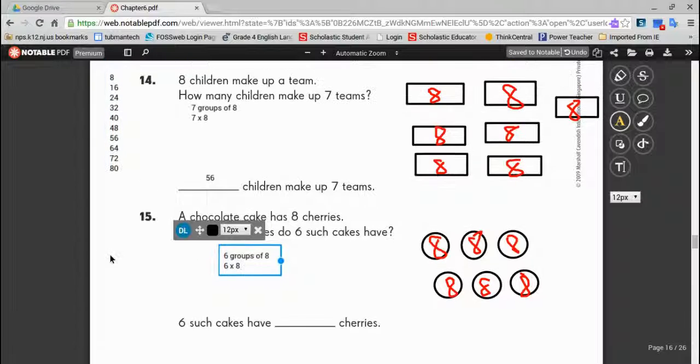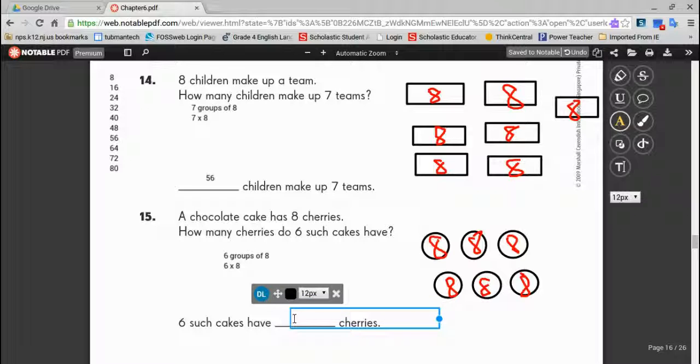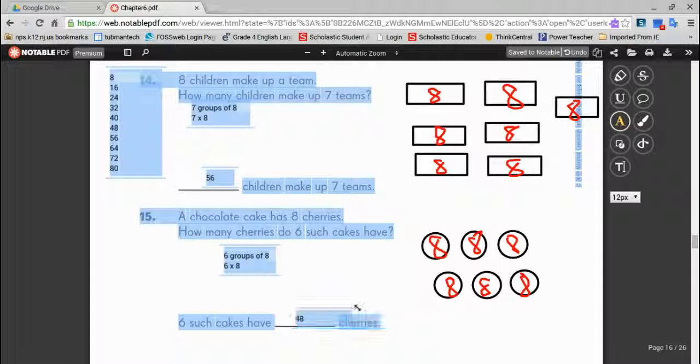Alright, and I have my 8 multiples right over here, so I can do 6 times 8 pretty easily. 1, 2, 3 times 8, 4 times 8, 5 times 8, 6 times 8. And it's 48. So 6 such cake has 48 cherries.